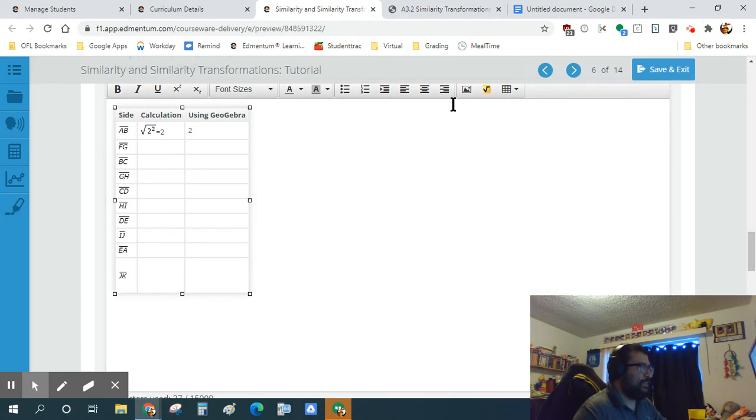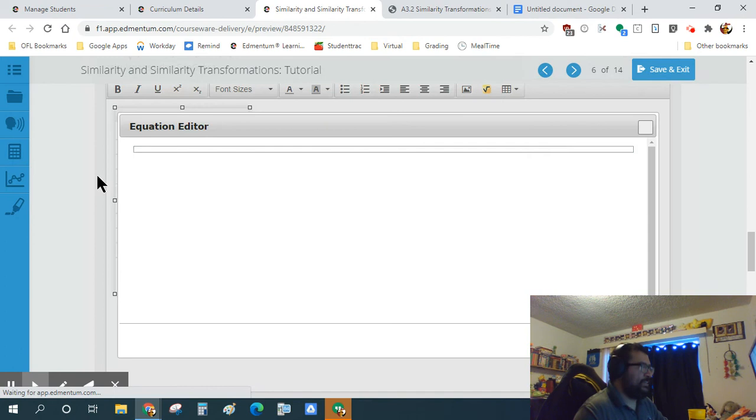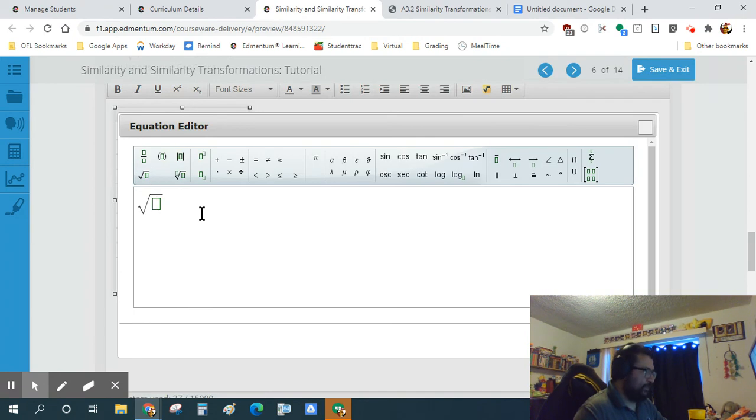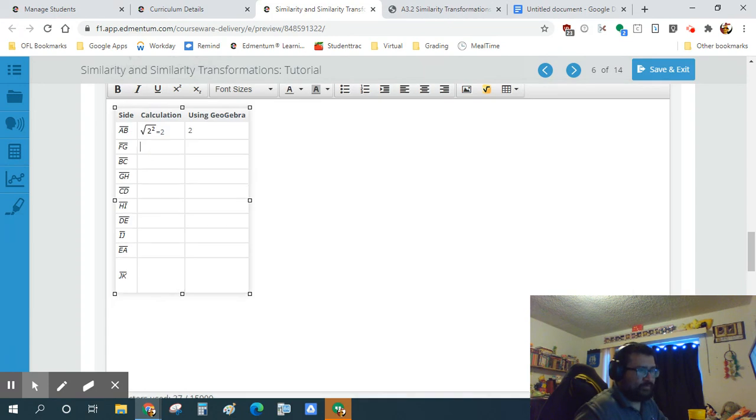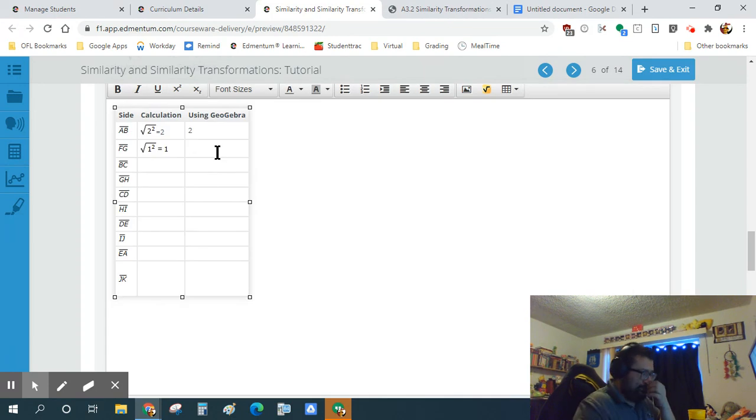What's going to happen here is I'm going to take the square root of 1 squared plus 0 squared. Why am I going to even write that down? So this equals 1. And then GeoGebra is just going to say it's 1 because we've done it before.